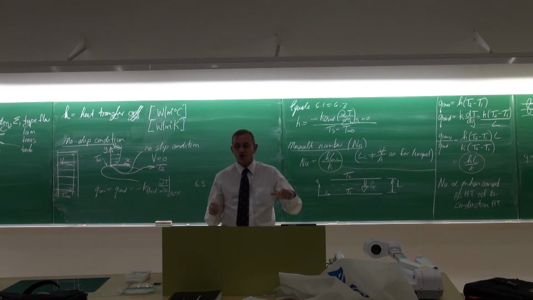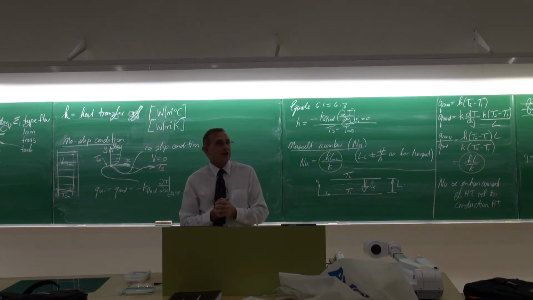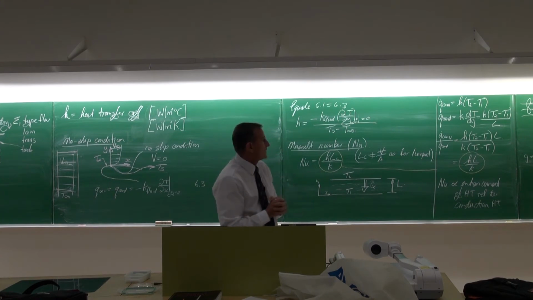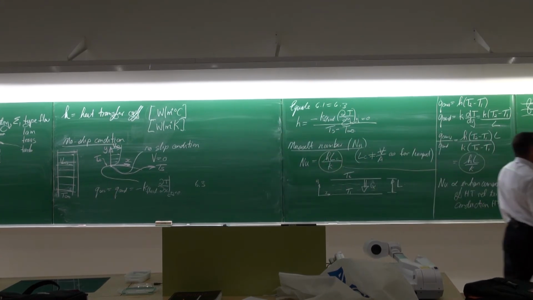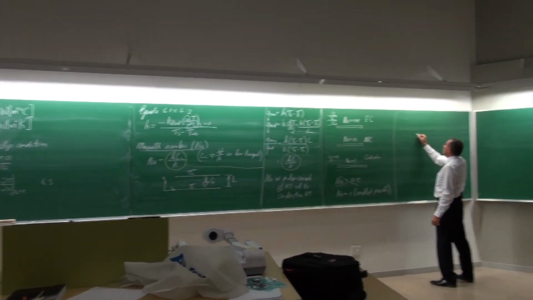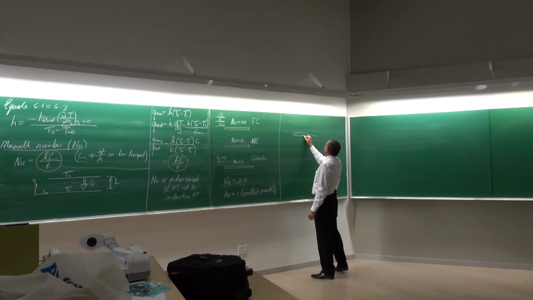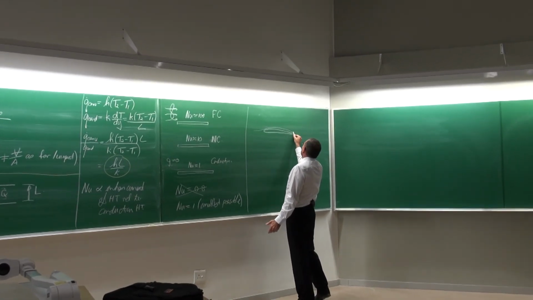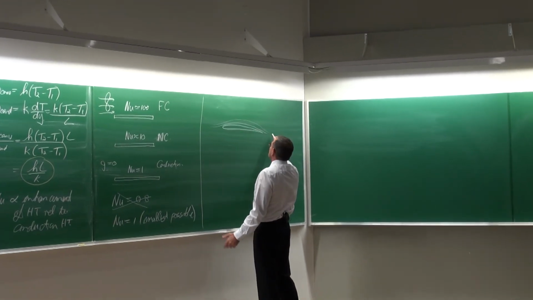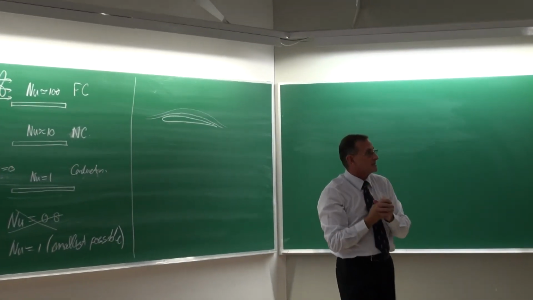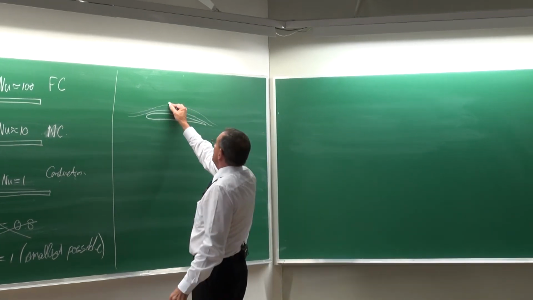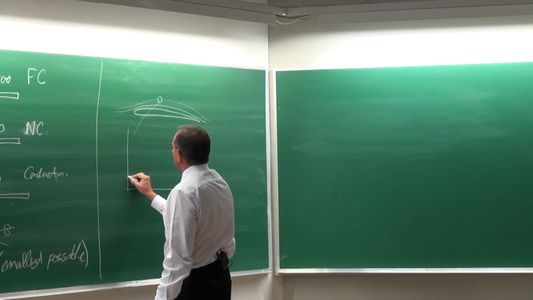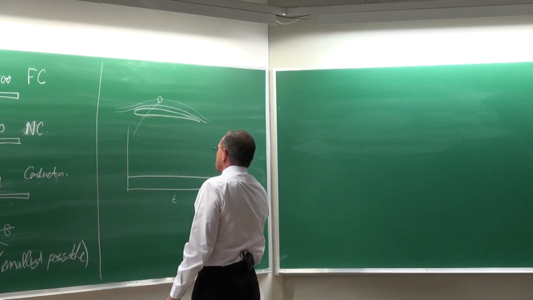Then, laminar versus turbulent flow. Who can tell me the difference between laminar and turbulent flow? Laminar flow is when you've got low velocities over a certain body, like maybe an aeroplane wing, and it would go in layers. That is what laminar means. If we measure the velocity as a function of time, it would be a straight line.